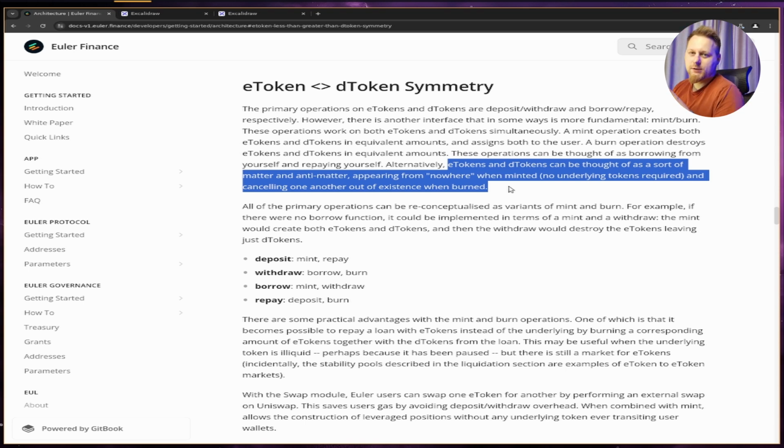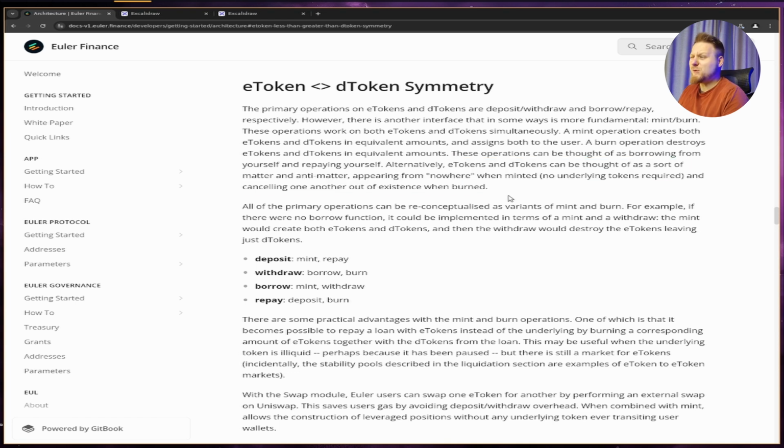So for example, you can create a huge amount of E DAI and D DAI, and the collateral for the borrow token is just created out of thin air. This is a way to leverage yourself for free. If I remember correctly, in the case of Euler V1, it was 18 times the collateral you have. This is probably the most that you can leverage yourself.